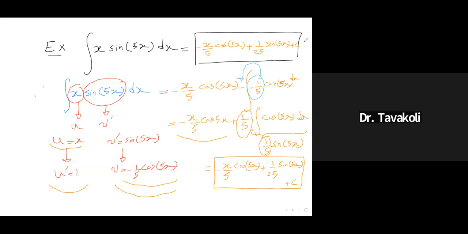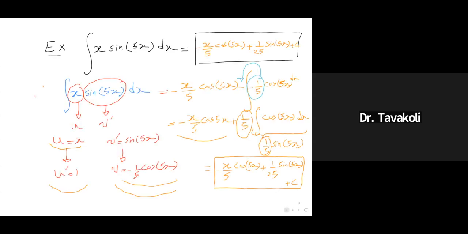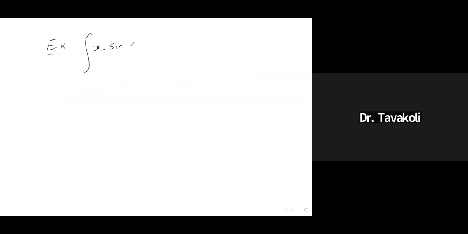Let me write down an example which is very similar to this and try this on your own. And that is the integral of x times the sine of... In the previous example, the coefficient was 5. Let me make it 1/5. 1/5 times x dx.